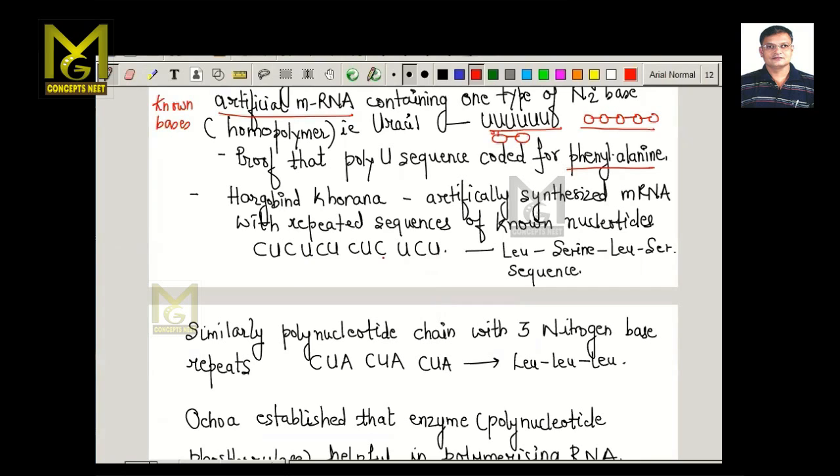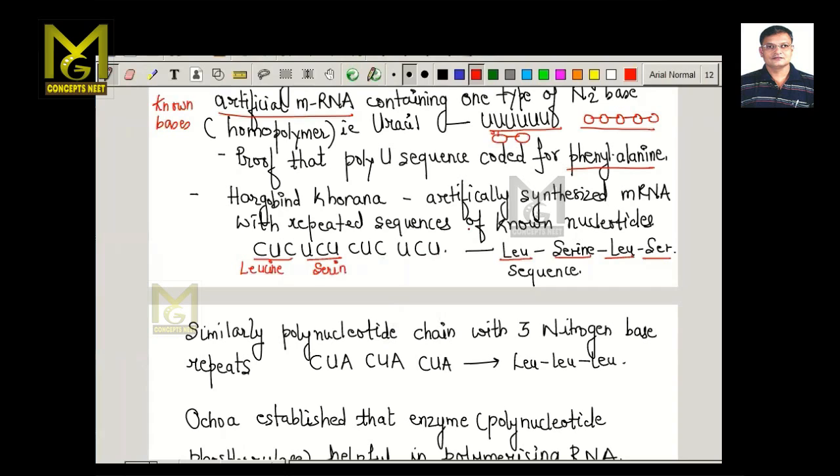And the type of amino acid sequence synthesized was leucine, serine, leucine, serine, etc. So what does it indicate? That this CUC codon codes for leucine and UCU codes for serine, and this continues.